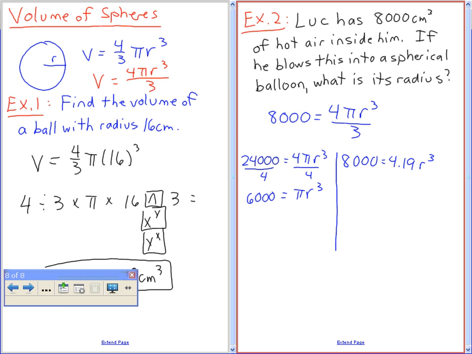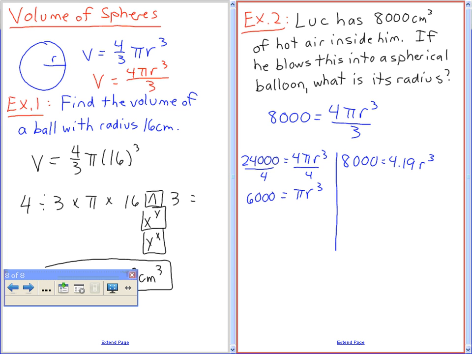I got 24,000 or whatever, but I didn't get 6,000. Let's slow down here, let's go back. The question was, why am I dividing and multiplying? Remember, this is like 4 times pi times r cubed divided by 3, that's what it says on the right-hand side.